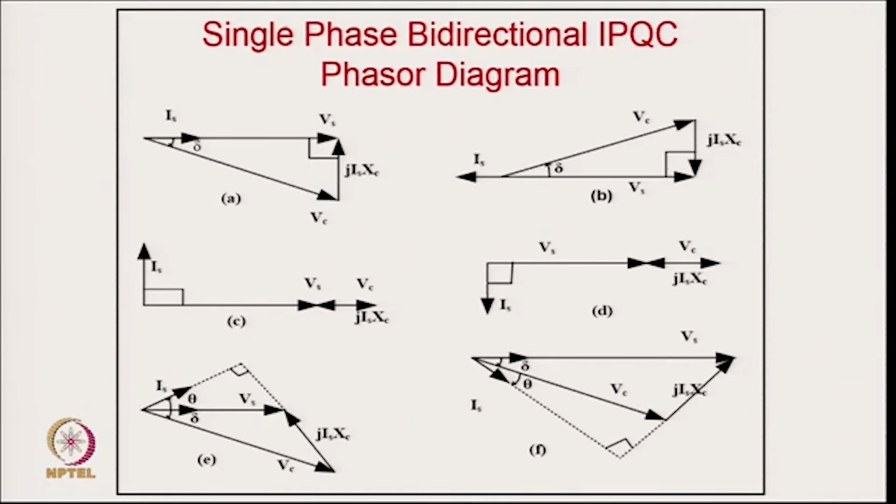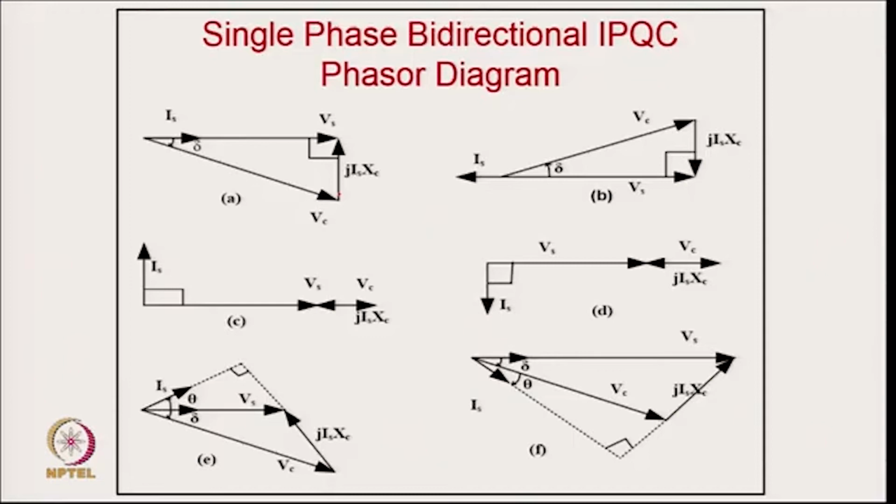Let us say power flows as a rectifier, working as an AC to DC converter: your supply voltage and supply current are in phase, and for this condition this is the fundamental voltage of the converter, and then you have the inductor drop.